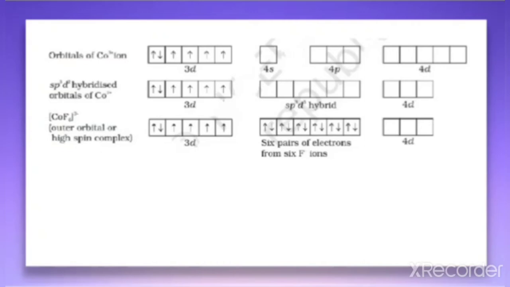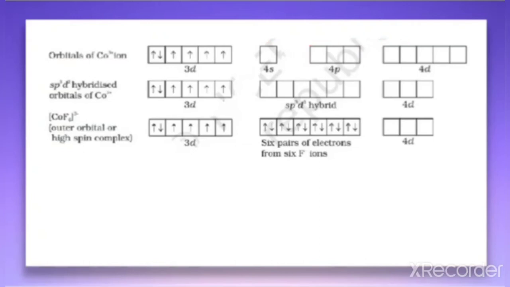Which orbitals are involved in the hybridization here? That is the 4s orbital and three 4p orbitals. So a total of 6 orbitals are required, and here 2 4d orbitals are involved in the hybridization.